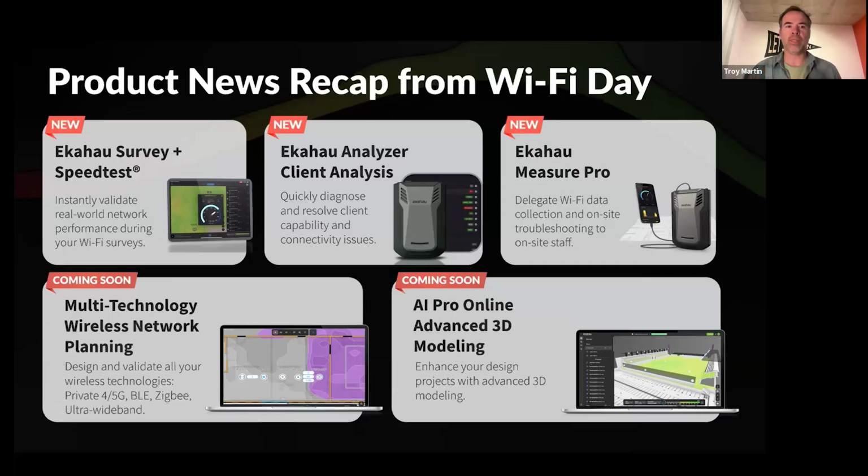We'll also talk about some of the multi-technology options that are going to be available very shortly inside AI Pro Online. So that includes the ability within the single product to design networks that leverage private 4G, 5G, BLE, Zigbee for those very interested in IoT technologies, as well as ultra wideband, right?